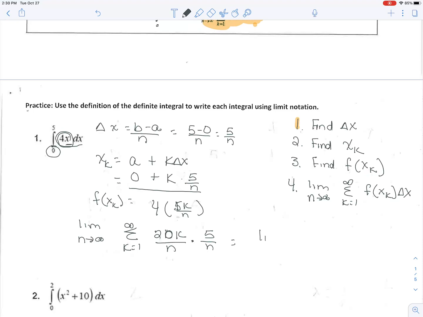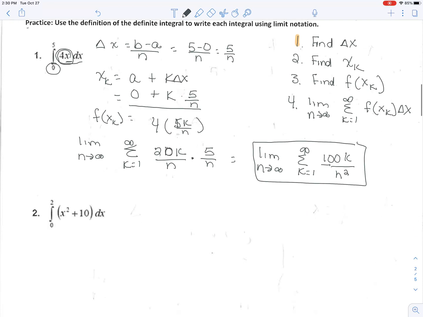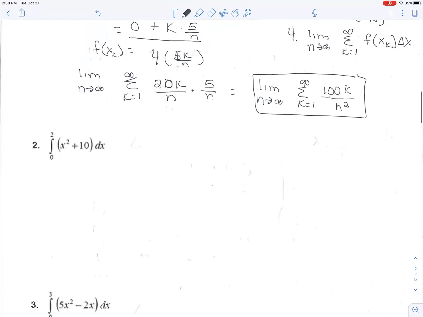Now, we could simplify that if we like, and we can write that as the limit as n approaches infinity, k equals 1 to infinity, and 4 times 5 is 100k over n squared. And so we could write it like that, and this is our answer. That is how we would represent this integral in limit notation.